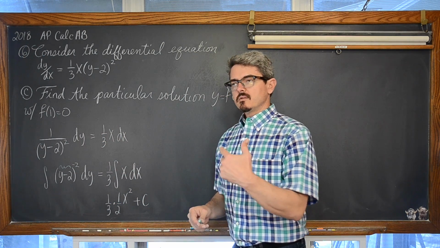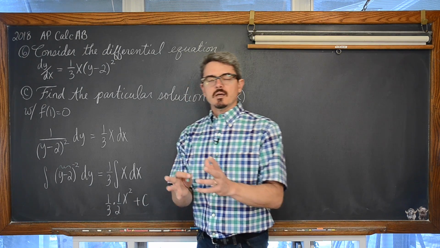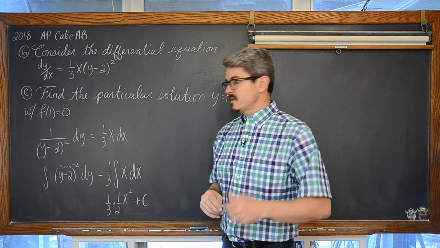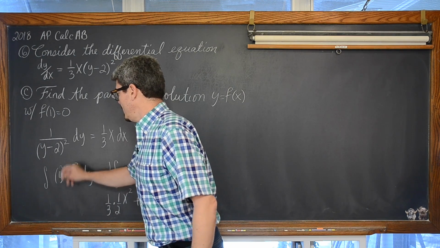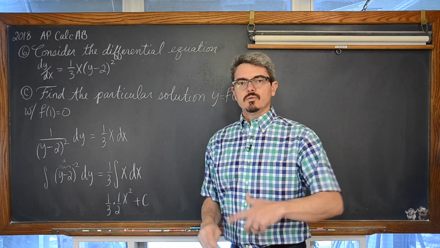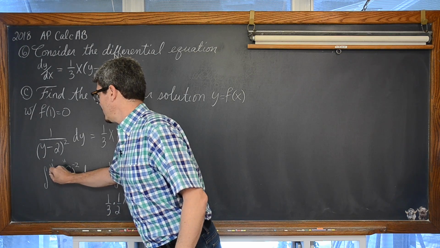But I'm starting to get comfortable and realizing how even just a little bit of time saving on some part of an AP question, a timed test, how beneficial that can be. And if you look in here and you say, well, let's let u equal y minus 2, well then u prime would be just simply 1.